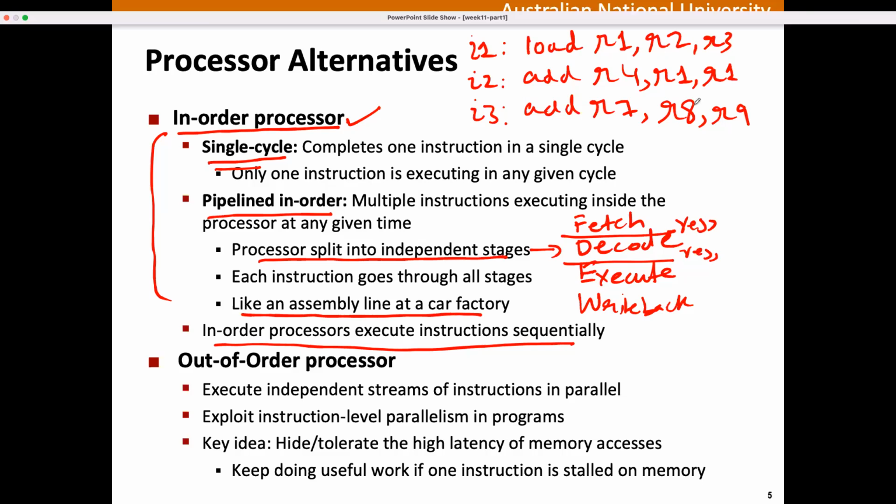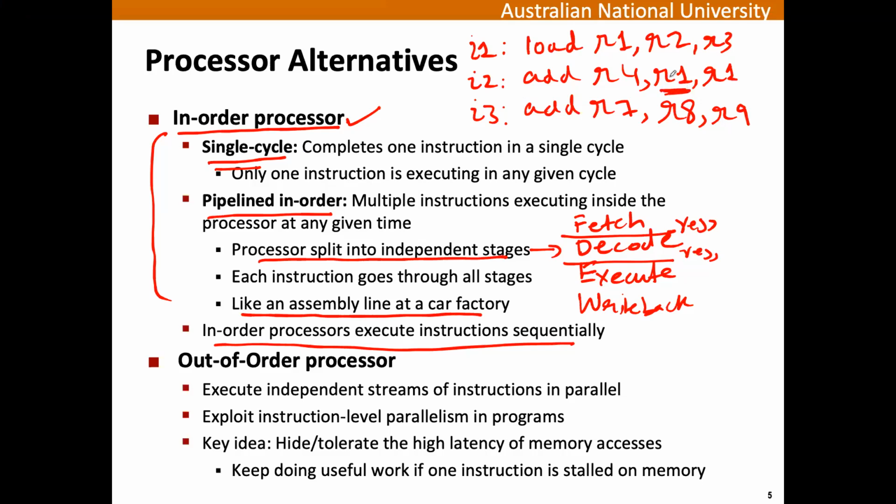I want to read R1 after it's written by I1. Otherwise, my program won't be correct, right? So here I need to conform to the sequential model. But do I need to wait for I1 and I2 to complete before I execute I3? No.